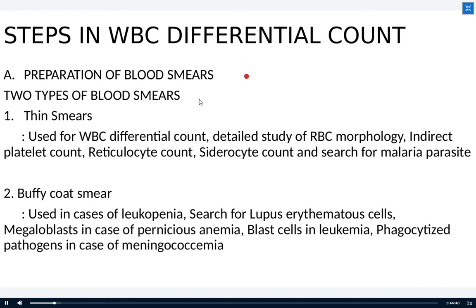So when you say morphology, this would involve the RBC morphology, which would usually involve the variation in size and in shape.